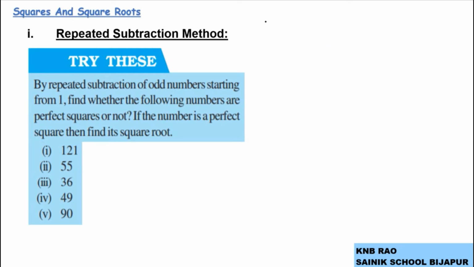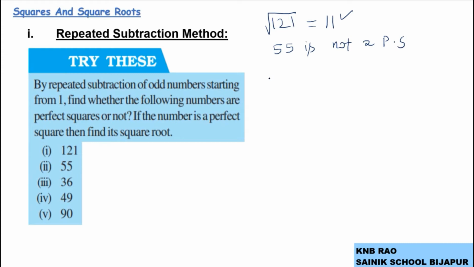You know, 121 is a perfect square, and when you do the repeated subtraction method, at the 11th step you might have got the difference becoming 0. Therefore, root under 121 becomes 11. 55 is not a perfect square. So we need not find square root of it.